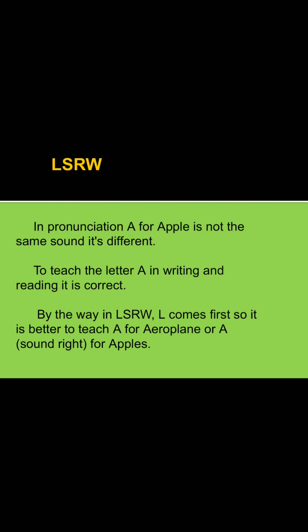Okay. And by the way, when you look at the English language skills, that is LSRW, what comes first? It's listening comes first. What comes next? It is speaking. So in our KG classes, we have to teach them listening, and then we have to teach them speaking, and after that only we have to go for reading, and finally it is the writing skill.